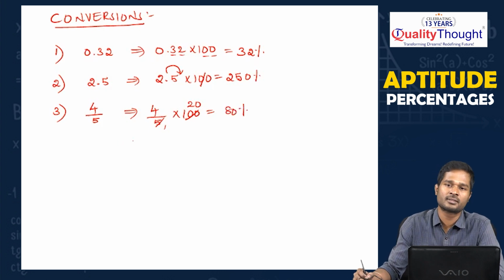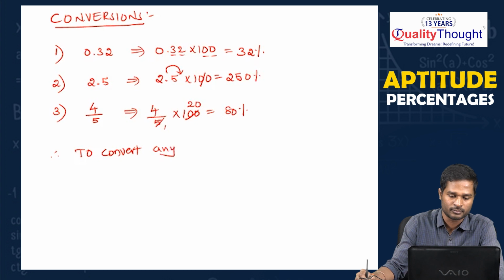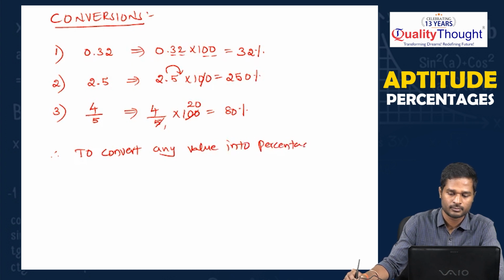So what we understand from these 3 problems is that to convert any value into percentage, multiply it with 100.